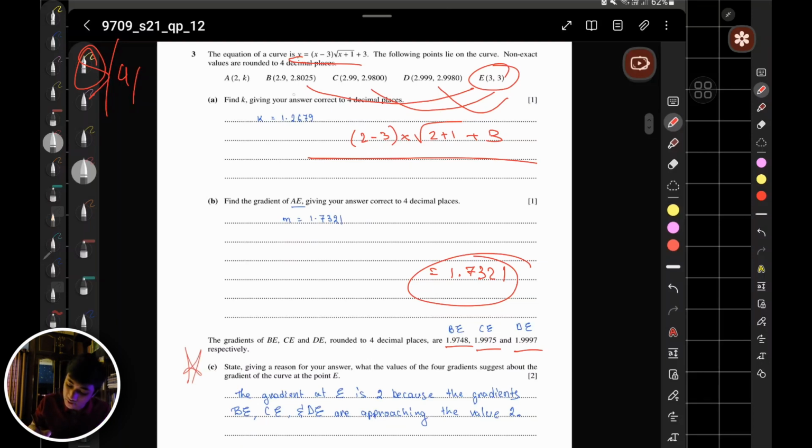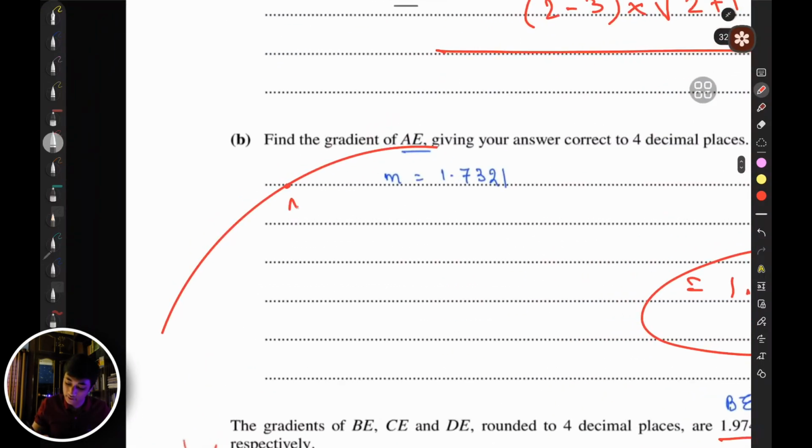The closer you're getting to E, the more exact your change in value is, or the shorter your change in value is, meaning if you, let's say this is your curve and you're finding out the gradient at that point, the most accurate way to get the gradient at, let's say, this point is to find the shortest change in y by change in x. That is going to give your gradient.